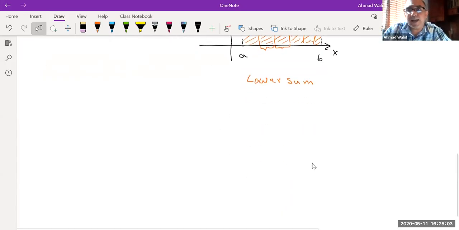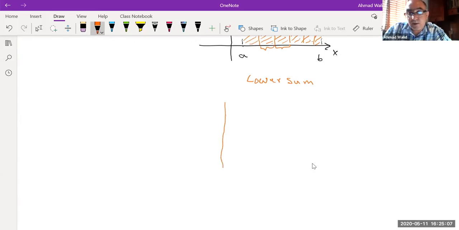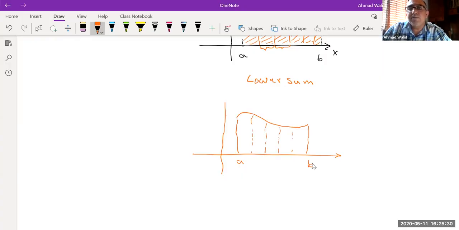Let me show you the right hand also. Then after that, I'll explain what's going on if we increase the number of those rectangles. Same curve, for example. I did the left hand for you. Now, how do we connect and calculate the right hand? Again, divide the area under the curve into equal rectangles.